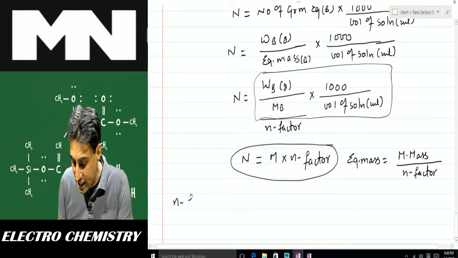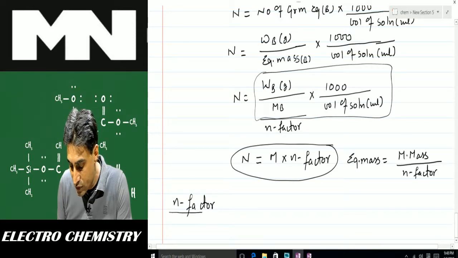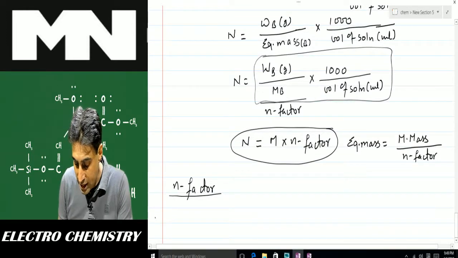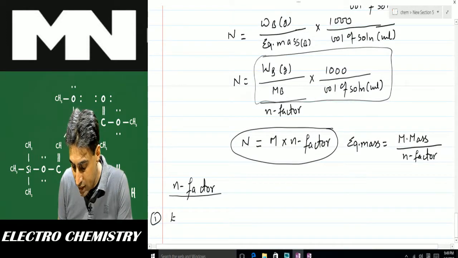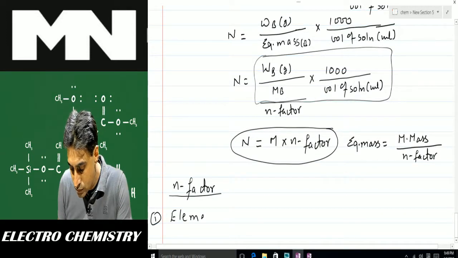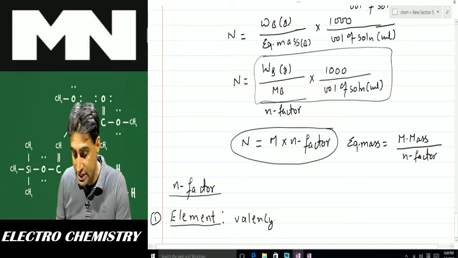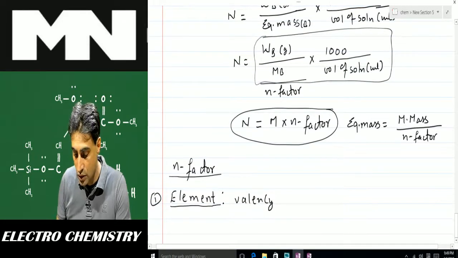If I say n factor is different for different substances. Like if I talk about n factor of an element, the n factor of an element is always equal to its valency. Will not say oxidation state because it changes, but valency that remains constant.